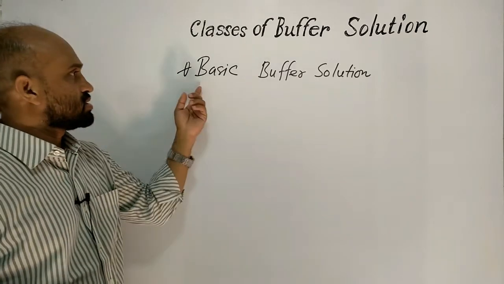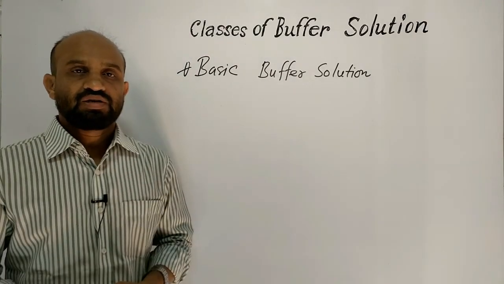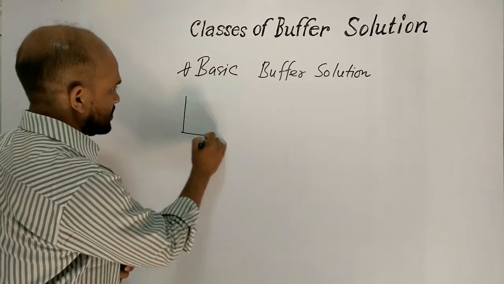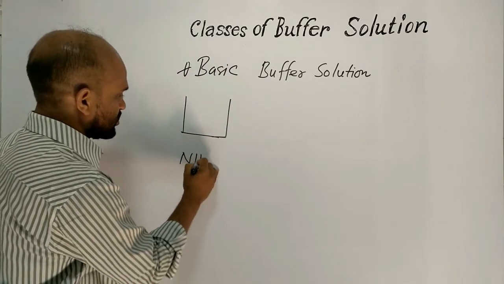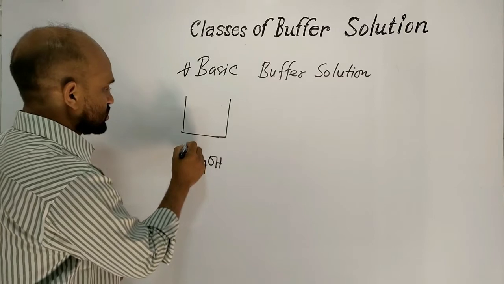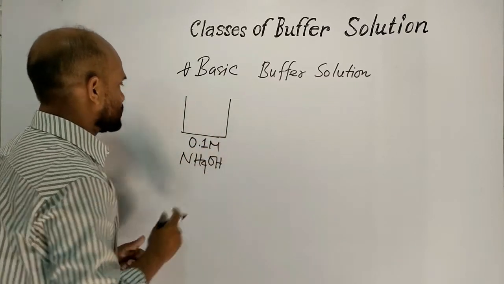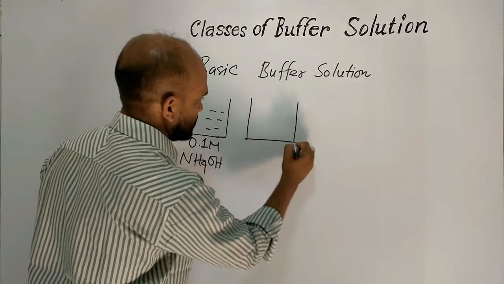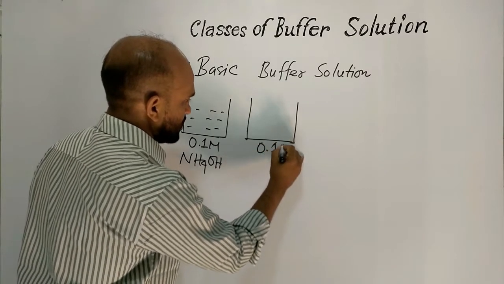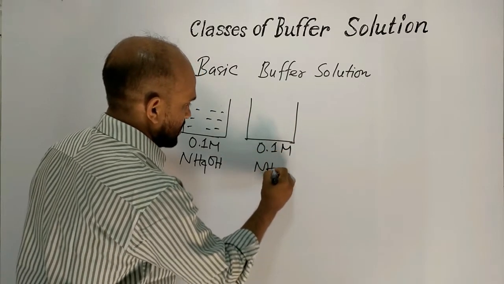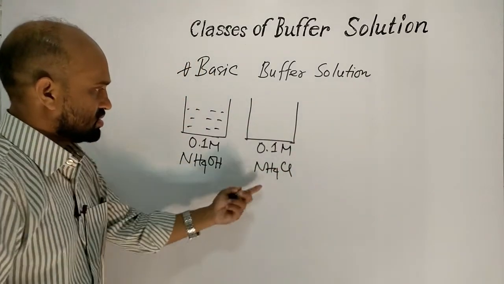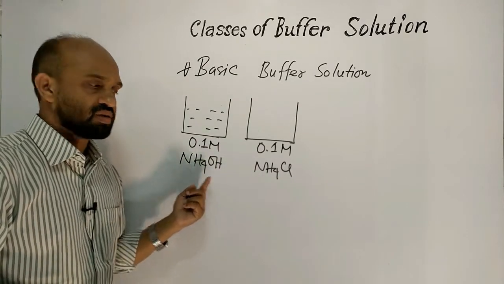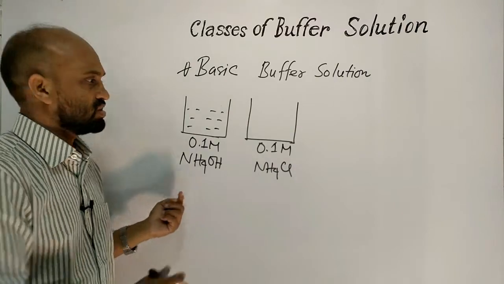Now the point is basic buffer solution. Let's see how a basic buffer solution is prepared. First of all, a solution of ammonium hydroxide whose concentration is, suppose, 0.1 molar, and another solution, 0.1 molar ammonium chloride, which is a kind of salt of this base, an acidic salt of this base.